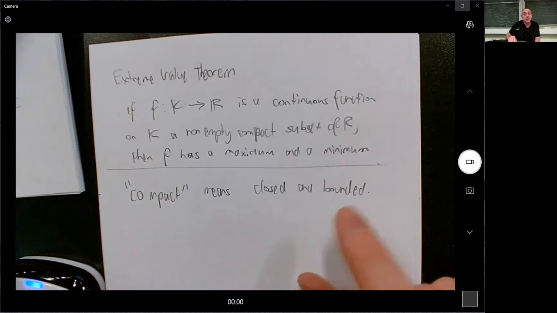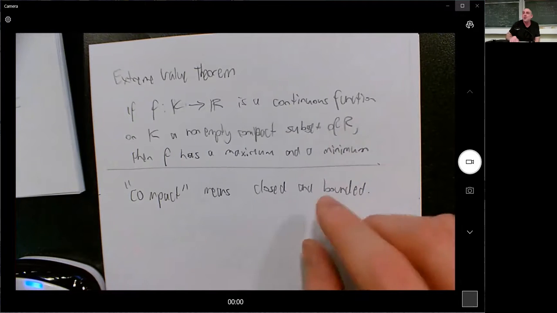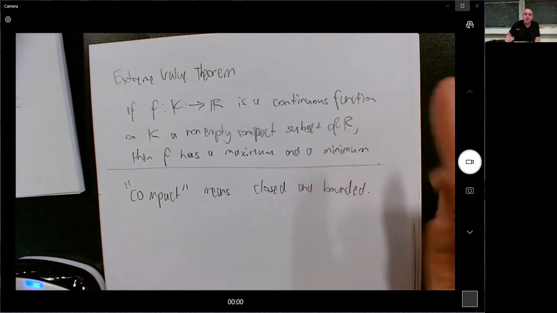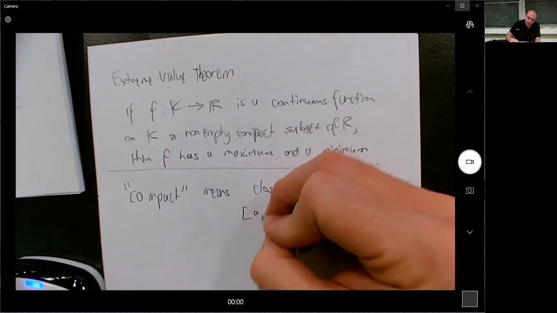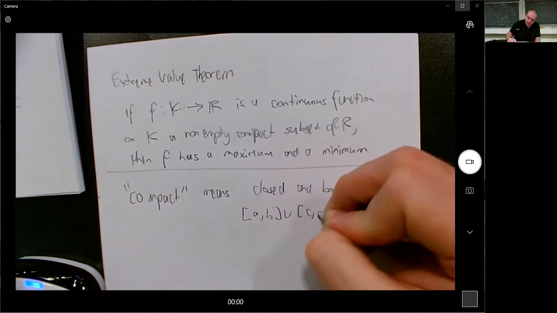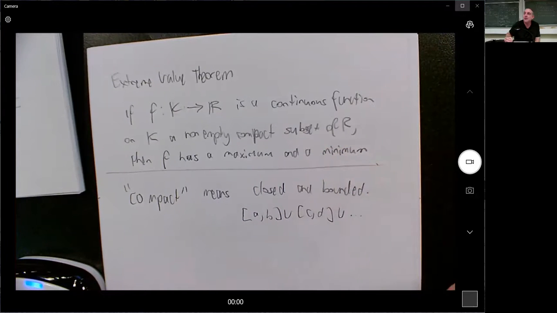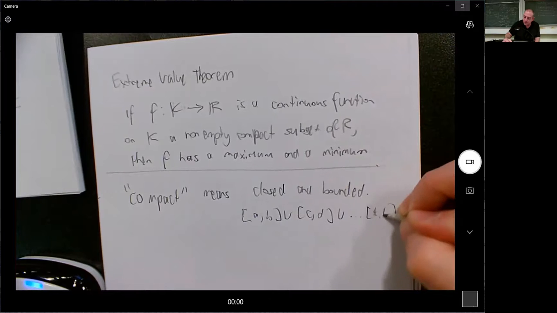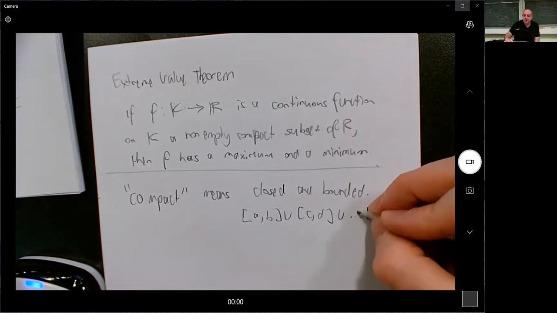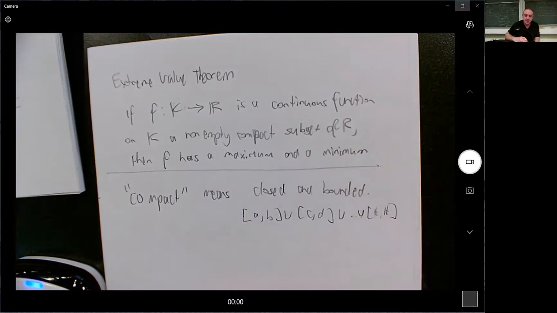So it could be a single closed interval, or it could be several closed intervals joined together with gaps in between them, but it doesn't matter, it'll still work. Like [a, b] union [c, d] union something like that, and then there'll be a last one somewhere. Okay, cool. That's what compact means.